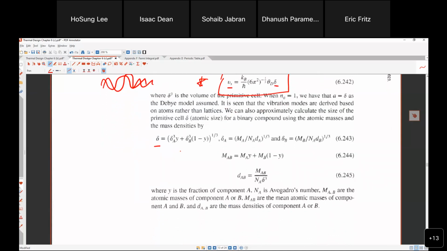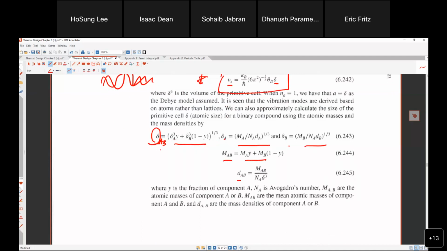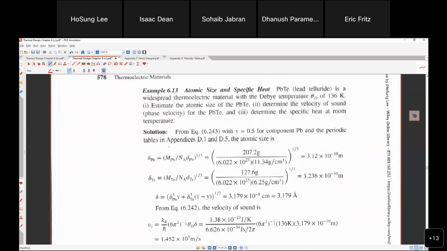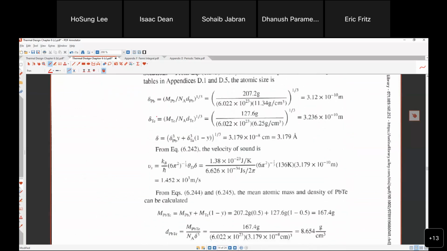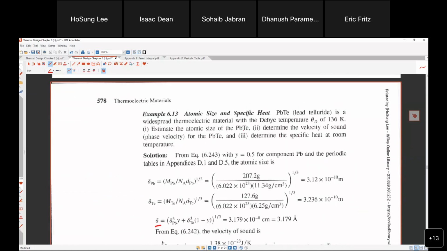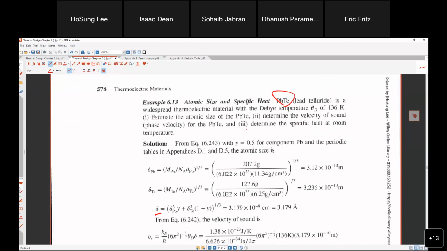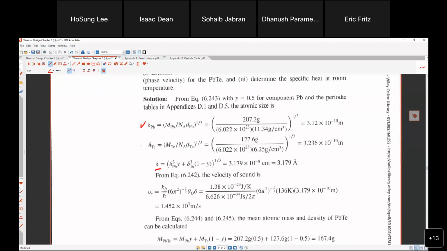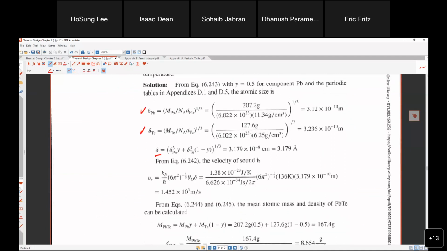If it is a binary mixture, then using the fractions, we come out with delta. A and B, and then the AB mixture. So we're able to figure out lead, telluride, and delta. This is an example of lead. So we calculate each lead atomic size, telluride, and then binary.